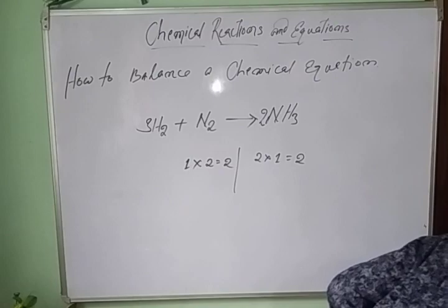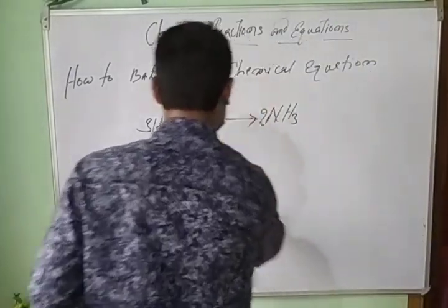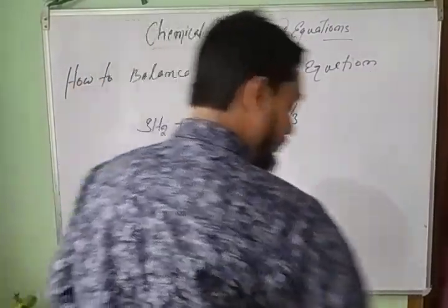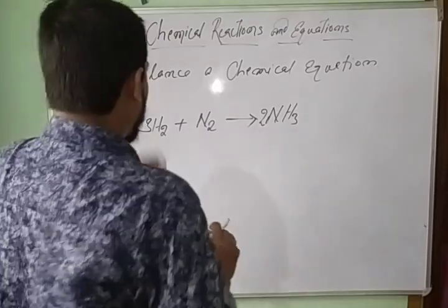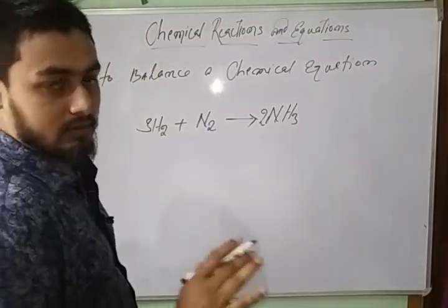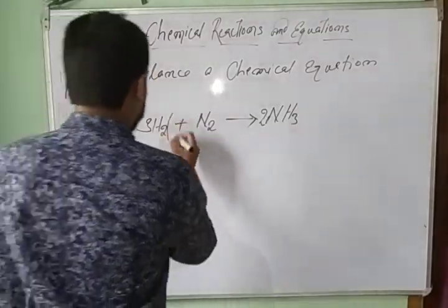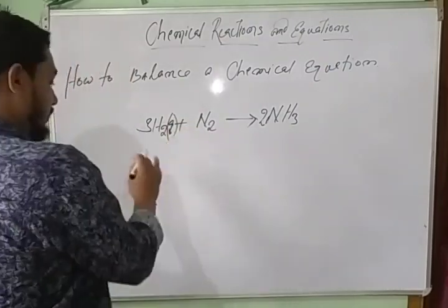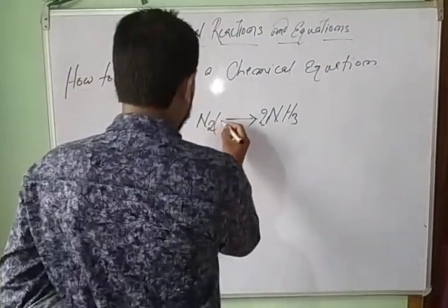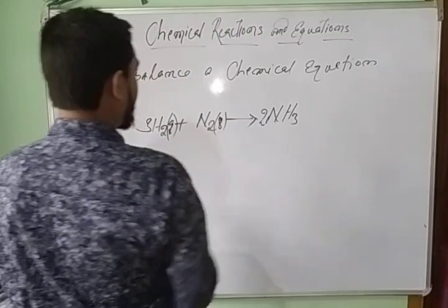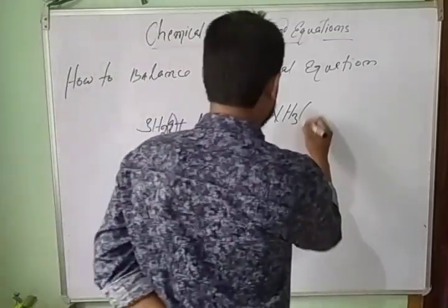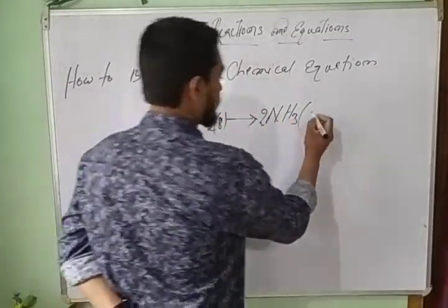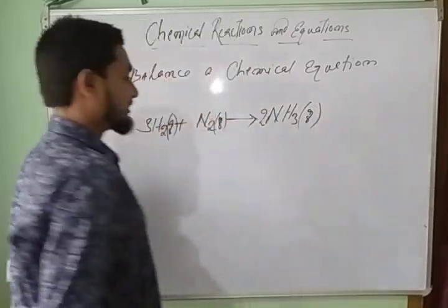And now one more thing that we can do is write the physical state. Hydrogen you will always find in the gaseous state. Nitrogen also you will find in the gaseous state. So in brackets you write g. The ammonia that will be produced will also be in the gaseous state.